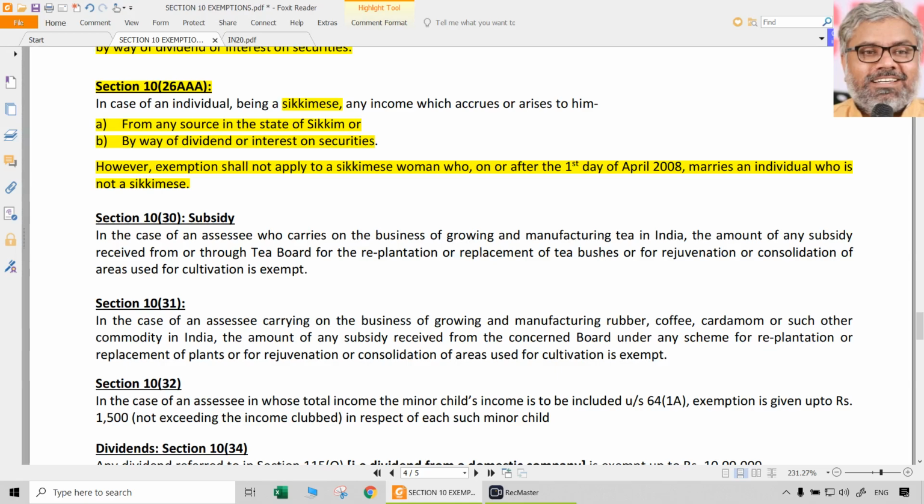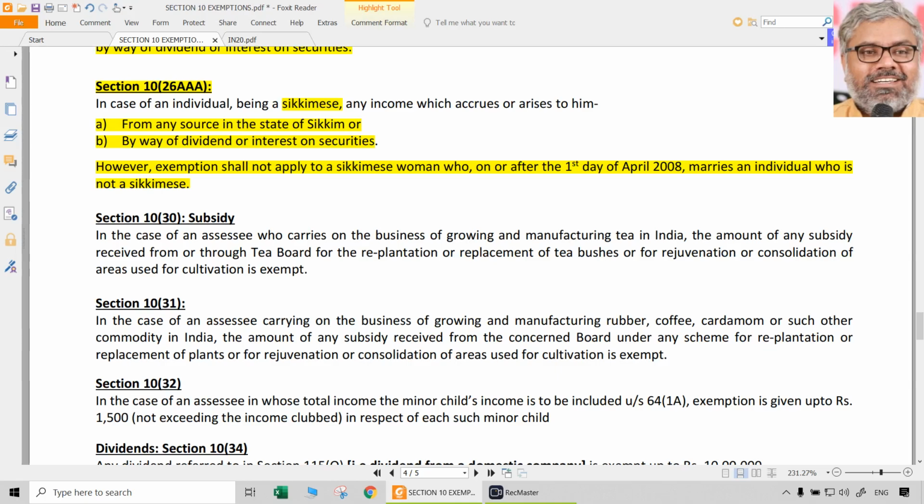No problem. The exemption will continue. But if a Sikkimese woman marries a non-Sikkimese man, then the exemption will not be applicable to that woman. That's it. Law is law. We can have an opinion on that, but we can't change it. So that is about section 10(26AAA).